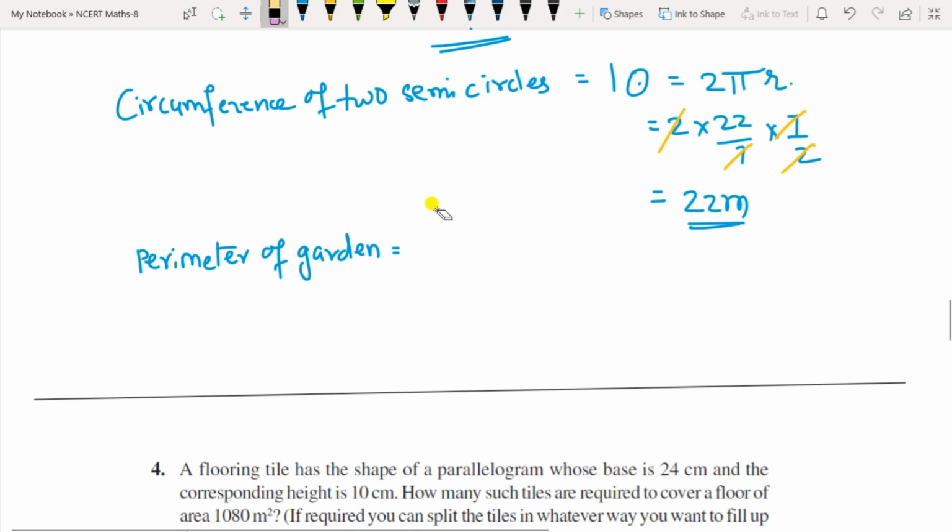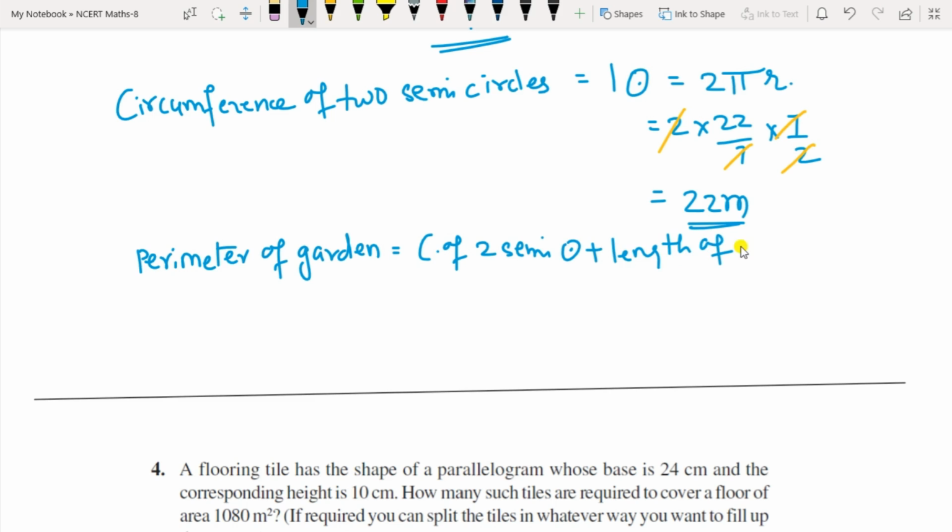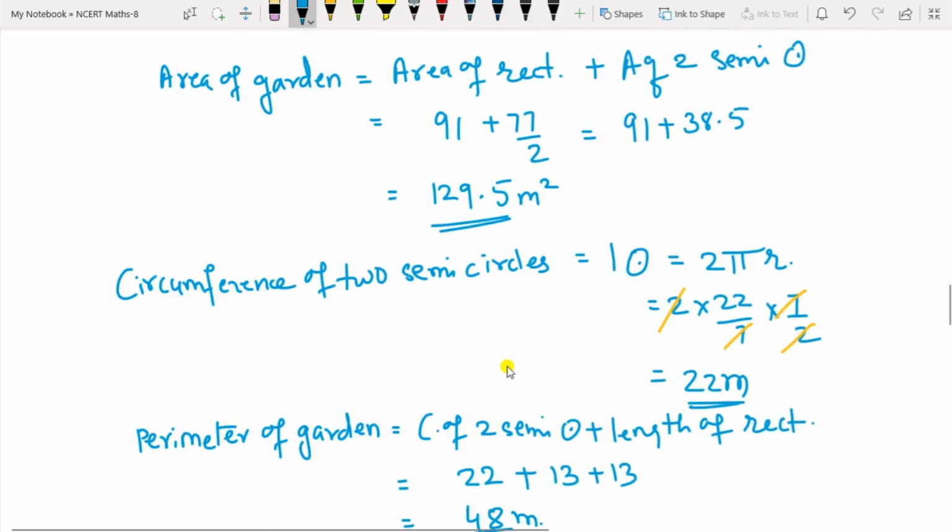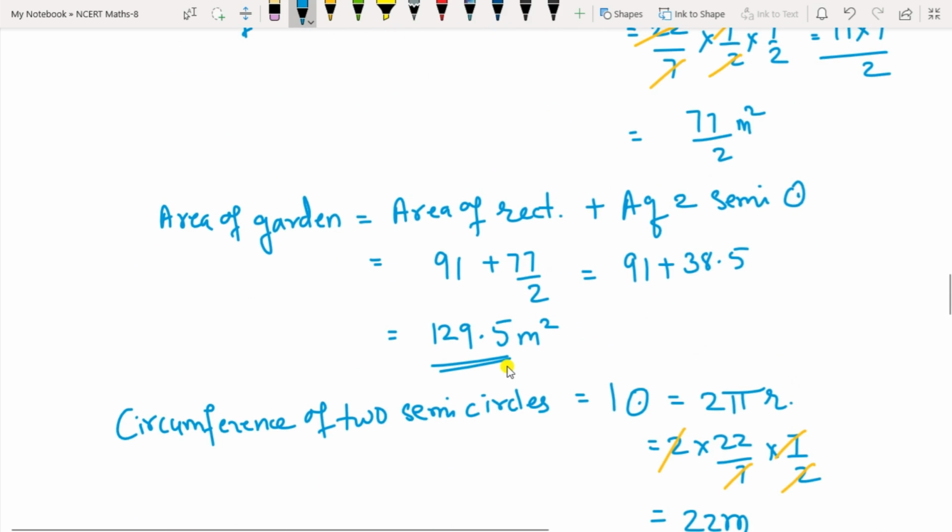Let me write in short. Perimeter of garden is circumference of two semicircles plus length of rectangle. The circumference of two semicircles is 22 and the length of the rectangle on both the sides is 13 plus 13. So that totals to 48 meter. So this is the perimeter of the garden. So this way you have to solve. You have to find the perimeter also and you have to find the area also.